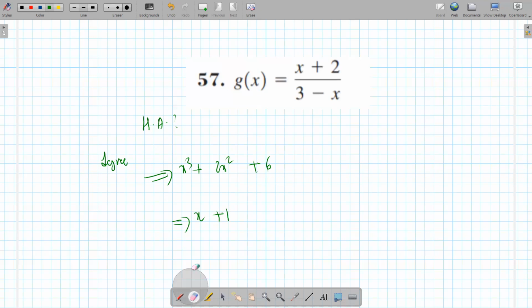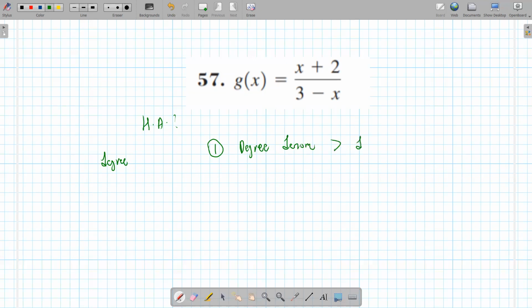Okay. So to find HA, find the degree. Once you know the degrees, right here, they're both 1 and 1. There's 3 different conditions for this. Condition 1, where the degree in the denominator is greater than degree in the numerator.